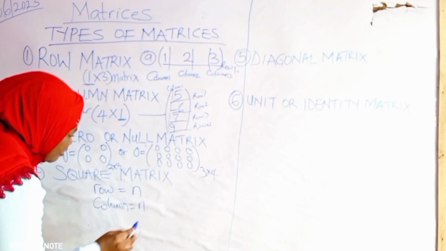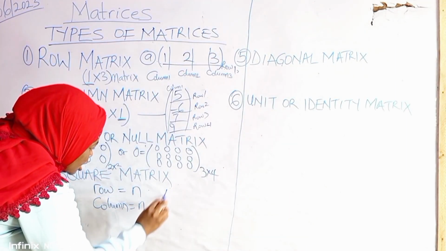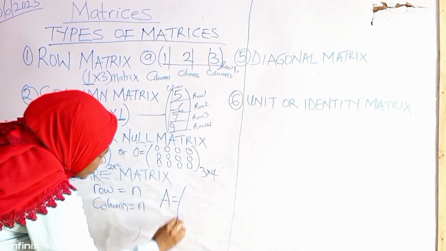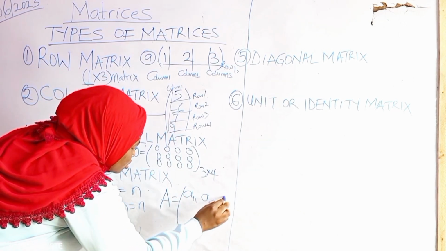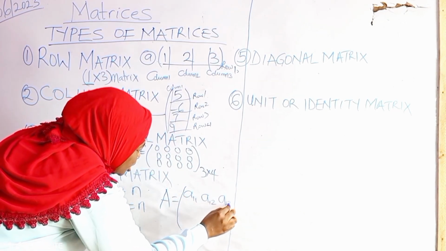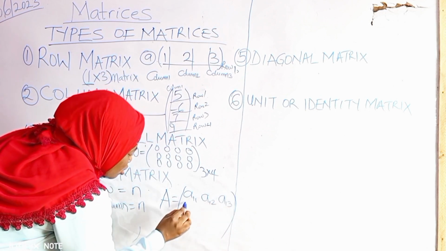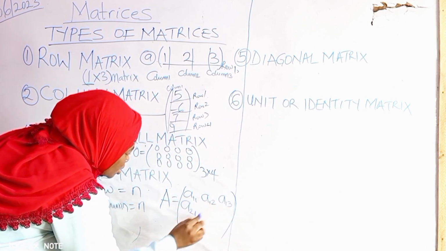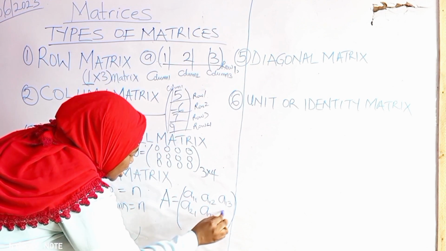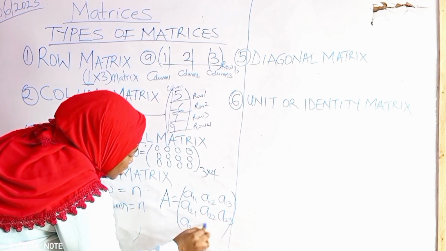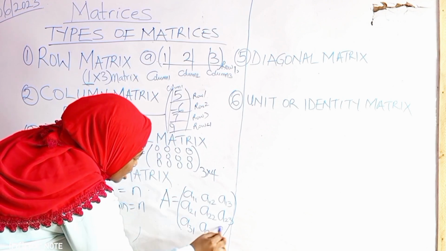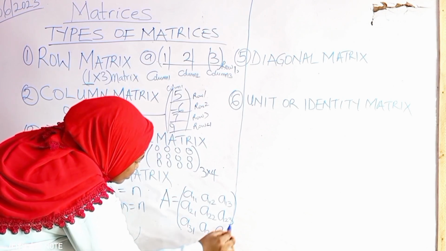So let's say we have a matrix A to be A11, A12, A13, then A21, A22, A23, then A31, A32, A33.